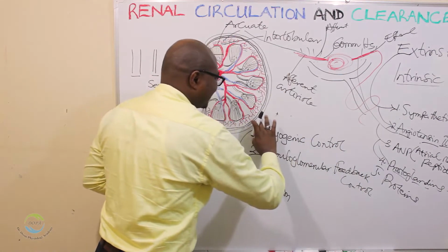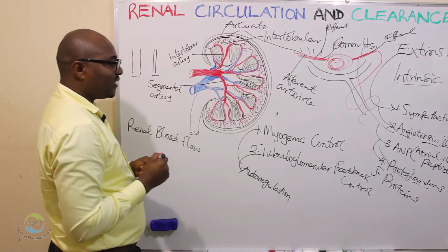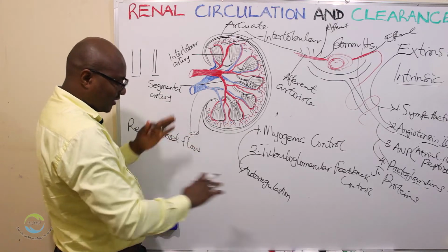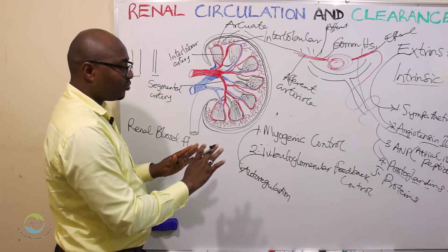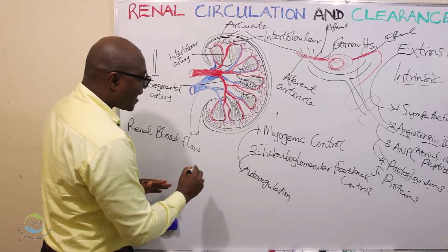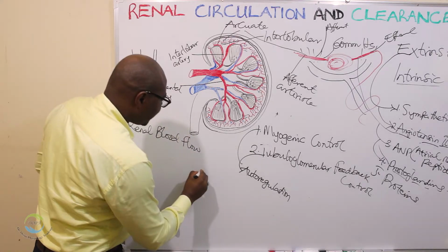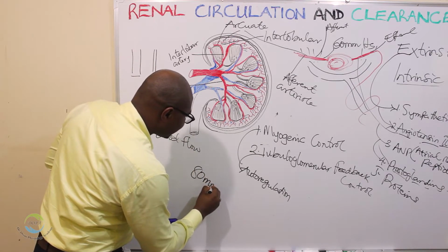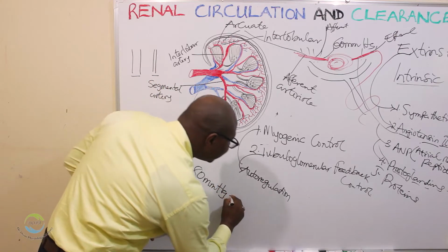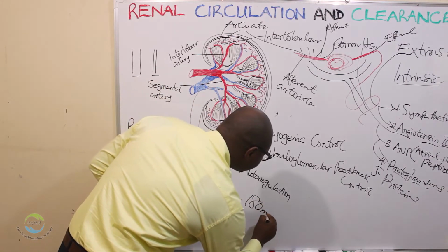So you need a balance. Generally, both the myogenic and the tubuloglomerular feedback are effective in the range of 80 millimeters of mercury of blood pressure up to 180.